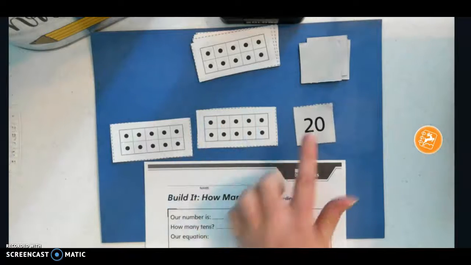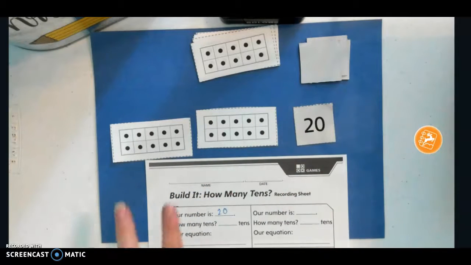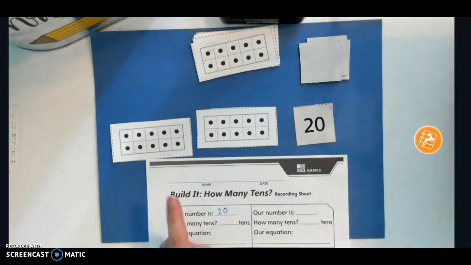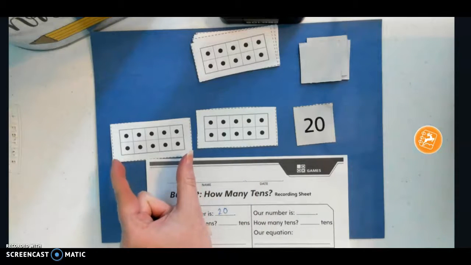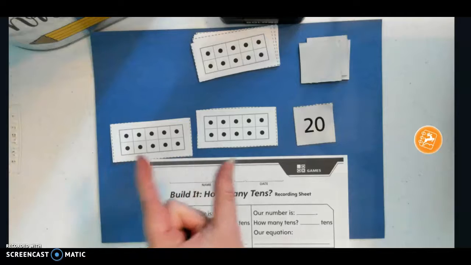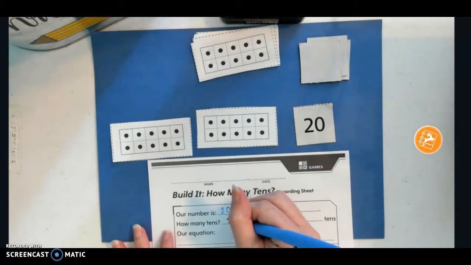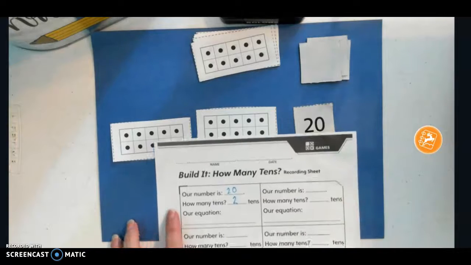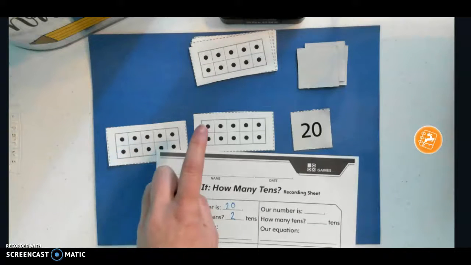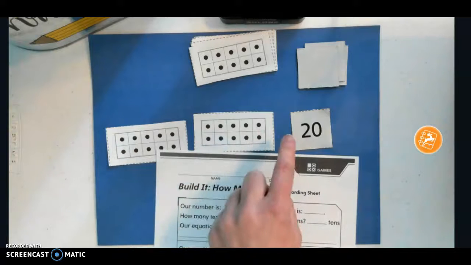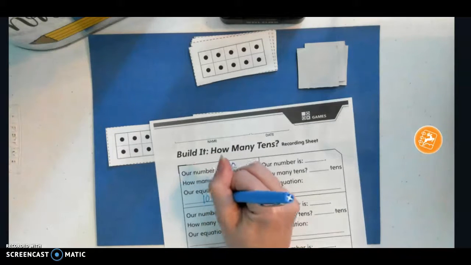Our number is 20. How many tens did it take to build this number? This is 1 ten. This is 2 tens. And now it wants us to write an equation. Well, that equation would be 10 plus 10 is the same thing as 20. So we're going to write that on the line.